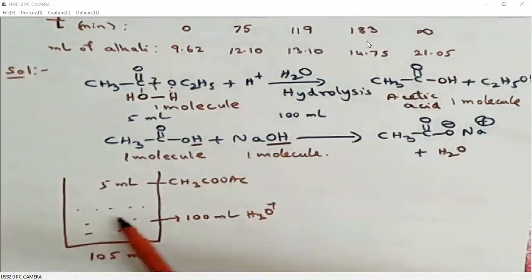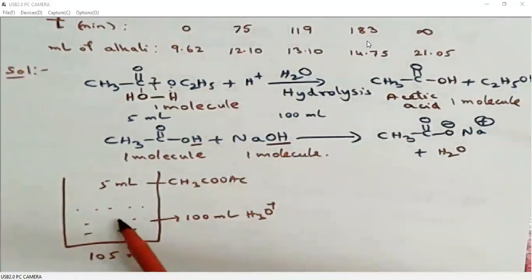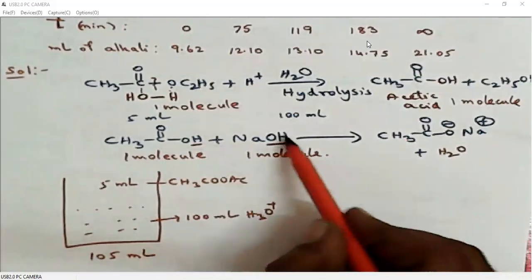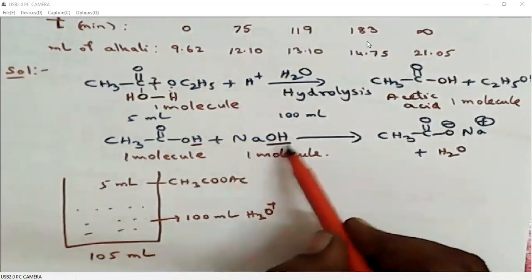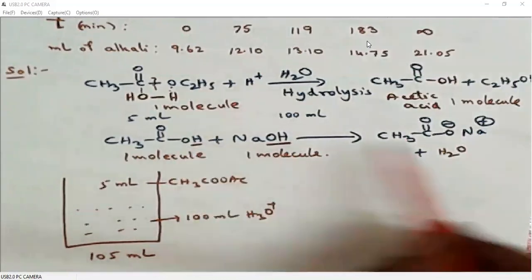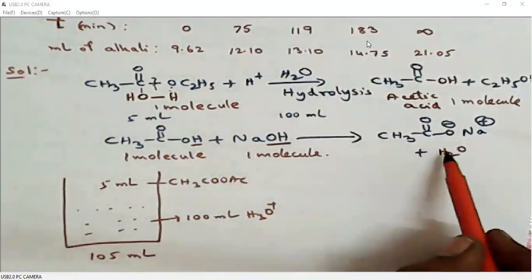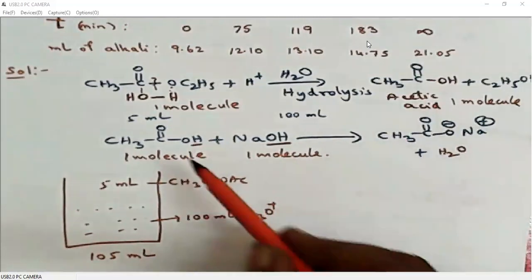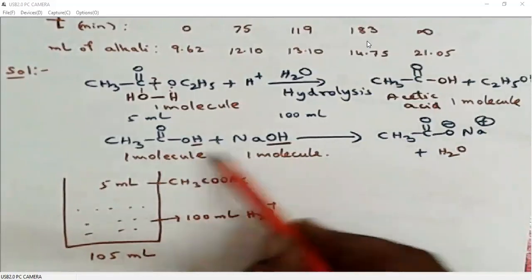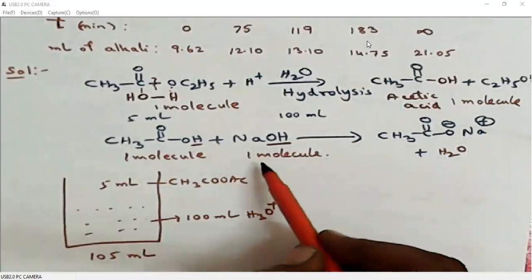We don't know the amount of acetic acid or ethyl acetate in that mixture. Now, how do we find out the amount of acetic acid? We will titrate with NaOH, and whatever amount of NaOH is required to make this acidic solution neutral gives the amount of acetic acid, because each molecule of acetic acid reacts with each molecule of NaOH.